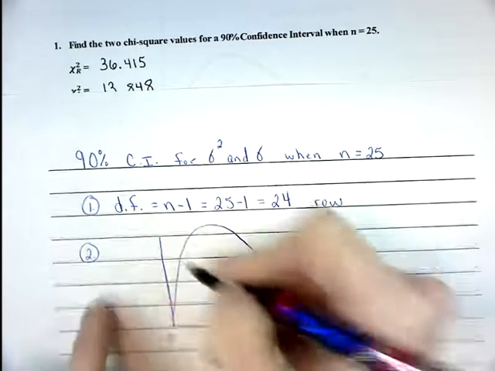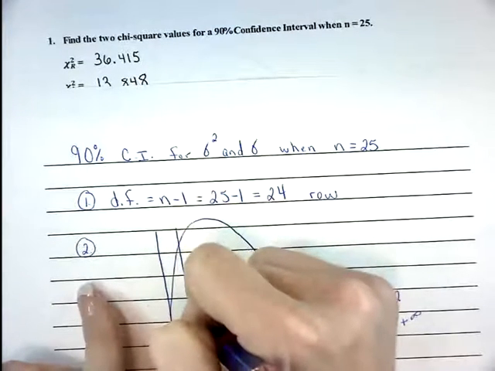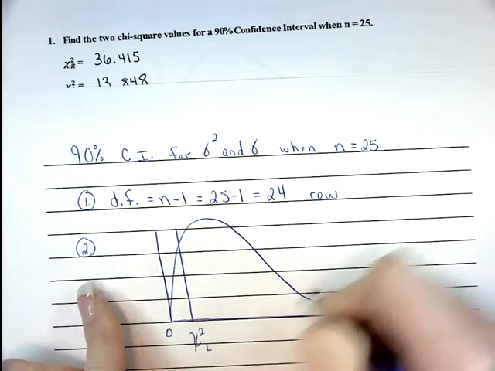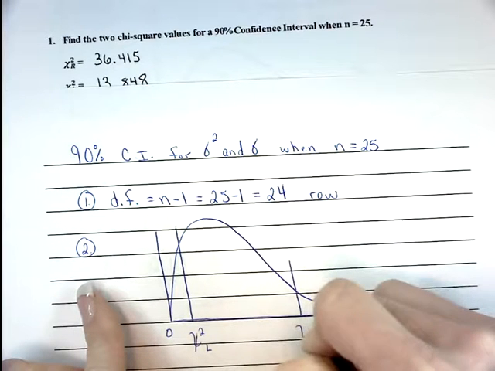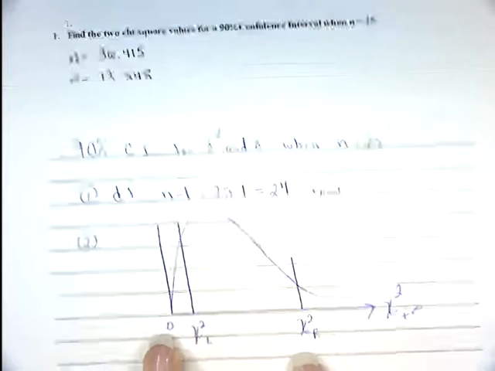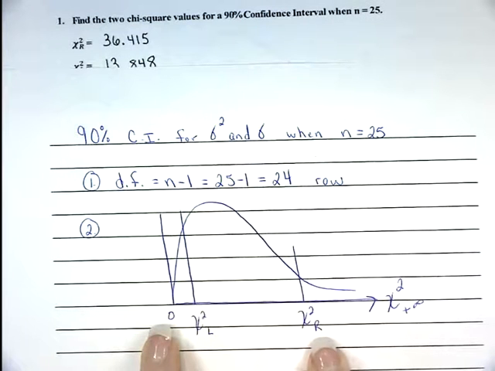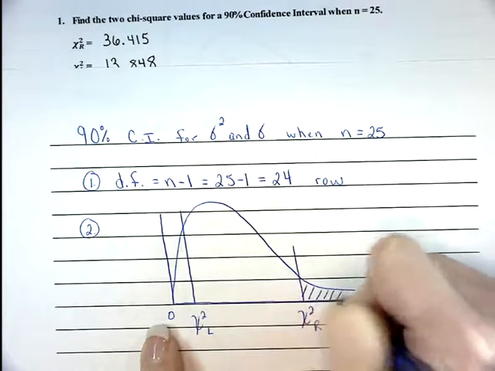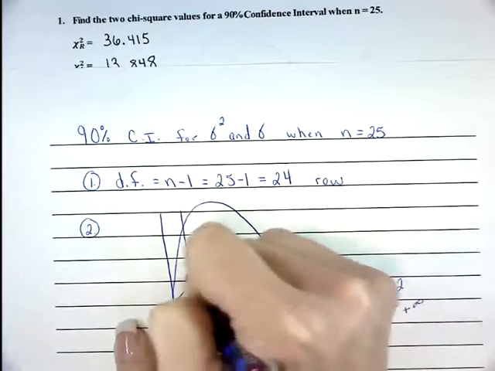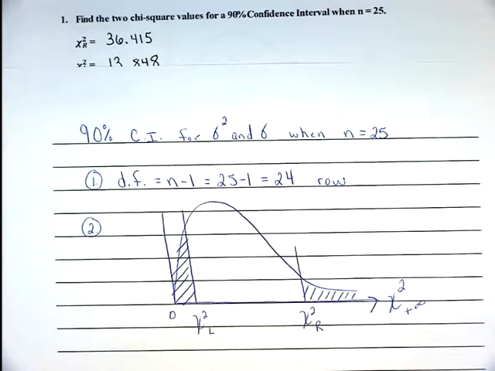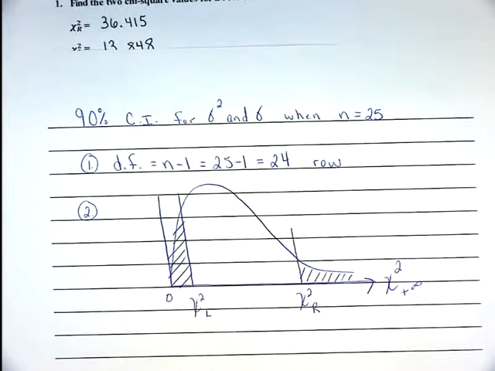What you're going to be finding every time is a value on the axis called chi-square from the left and chi-square from the right. Both of them are positive because the axis does begin at 0. Chi-square from the left will be smaller than chi-square from the right. You will shade the right tail and you will shade the left tail. And that's a great picture to have.